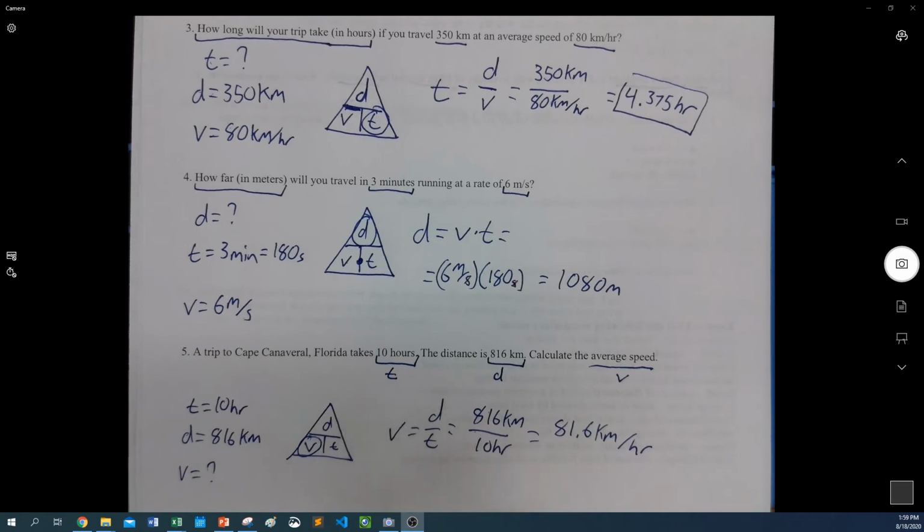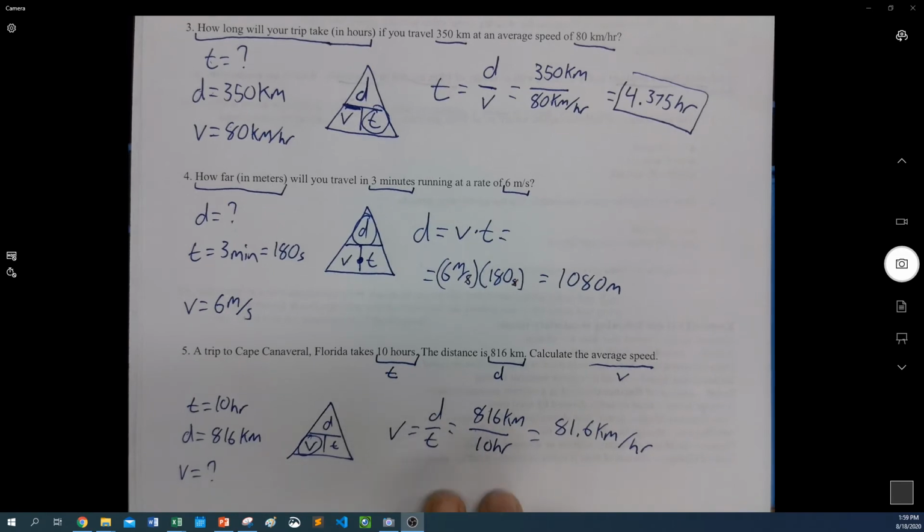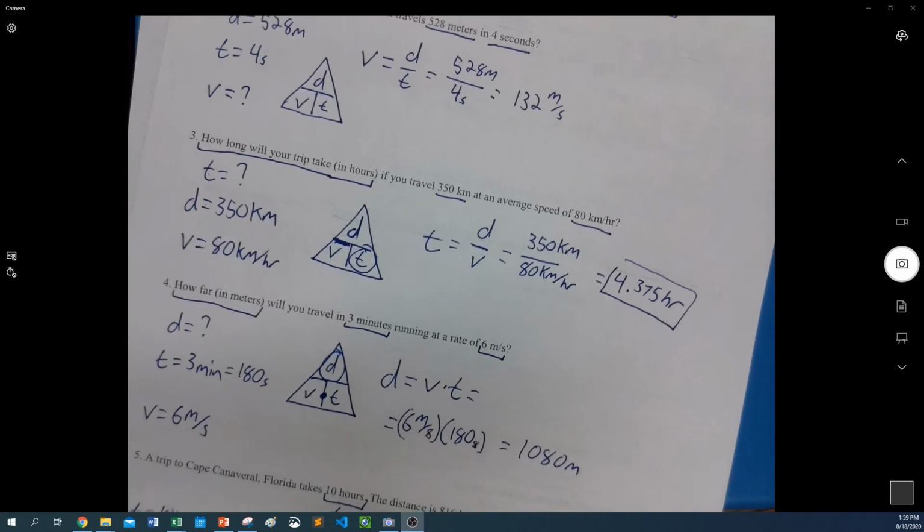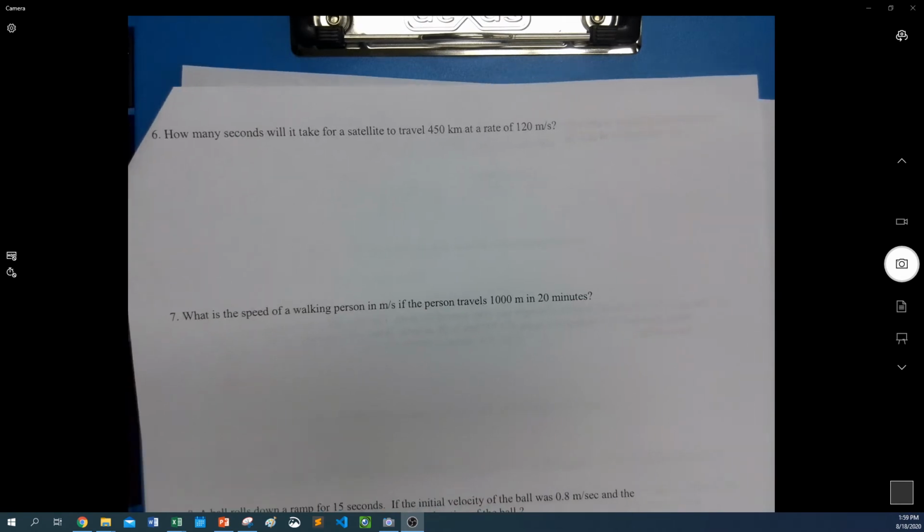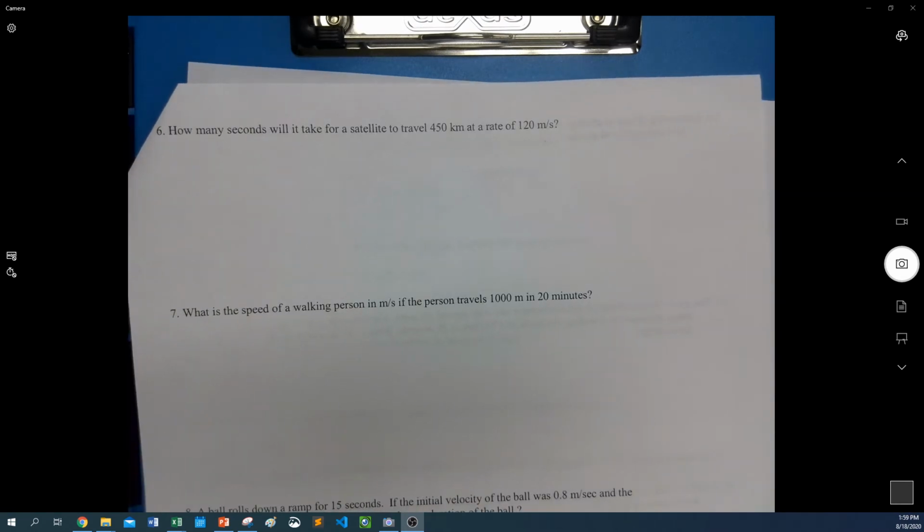Alright, let's move on to the next problem. How many seconds will it take for a satellite to travel 450 kilometers at a rate of 120 meters per second? I'll give you a hint. Look at units. Do they match?